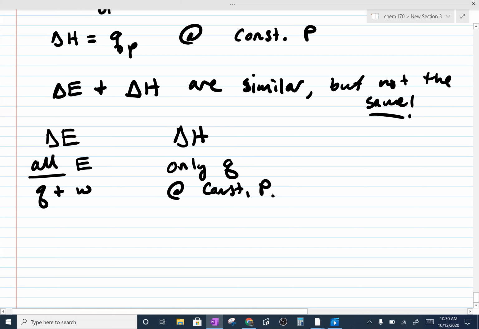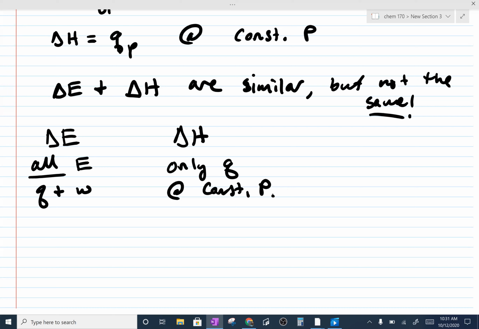Now, why is constant pressure such a useful thing to talk about? We can control it, but for essentially every single reaction that you're going to do, what are the conditions that are going to be true? It's going to have atmospheric pressure, which is constant.